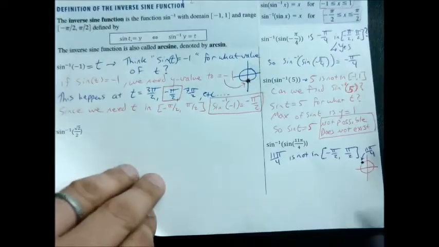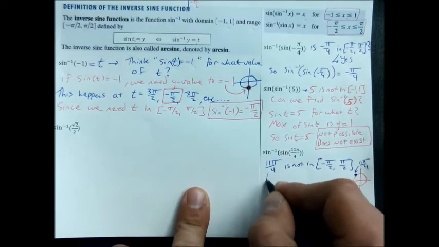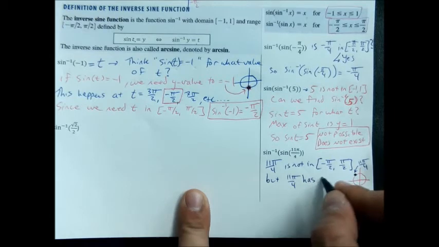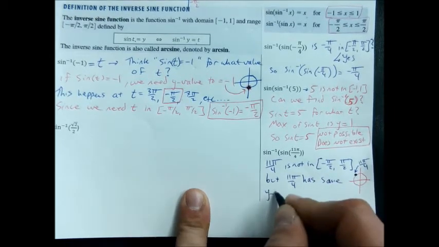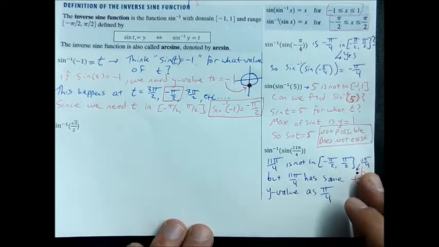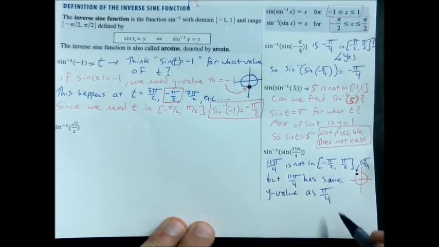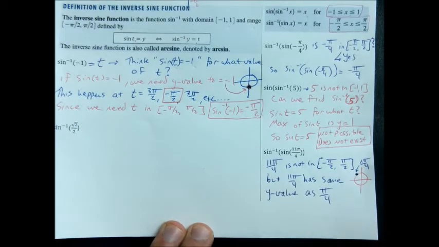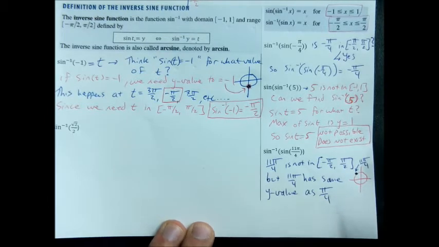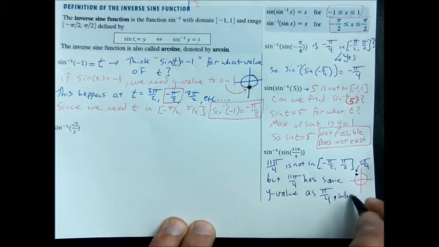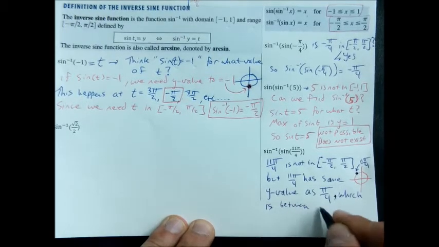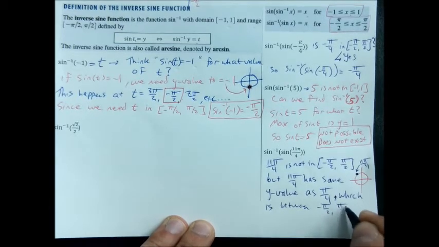And so let me write that down. 11 pi over 4 doesn't work, but 11 pi over 4 has the same y value as pi over 4. And pi over 4 is in the correct interval, which is between minus pi over 2 and pi over 2.